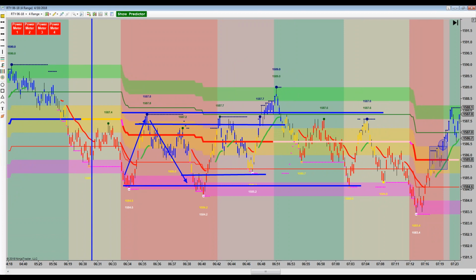Now, I do want to show another price pattern that's really good and easy to learn, that's going to help you in your trading. And let me show you what it is. This doesn't happen on every trade, but it happens on a lot of trades. I'll show one, and then I'll do some more.